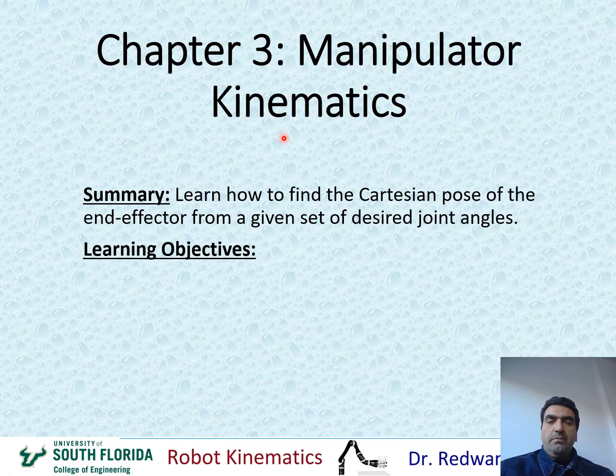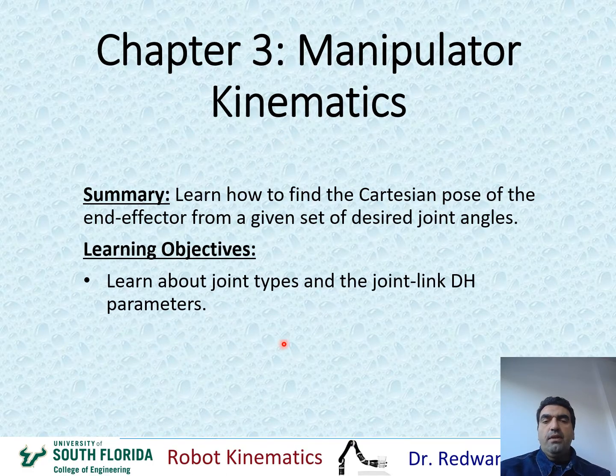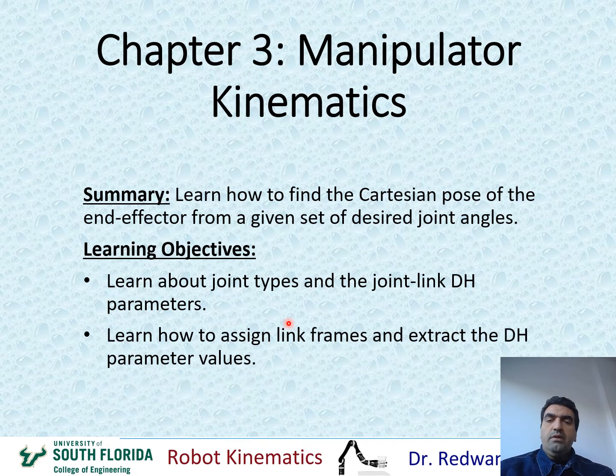Let me talk a little bit about the learning objectives here. The first objective is learning about the different types of joints that we use for manipulators and the parameters associated with these types. We're going to talk about two of these types, revolute joints and prismatic joints. Then we're going to learn how to assign link frames for each one of these links.